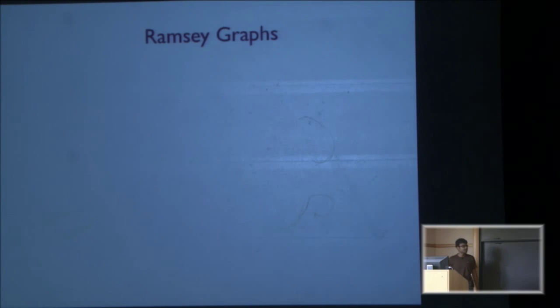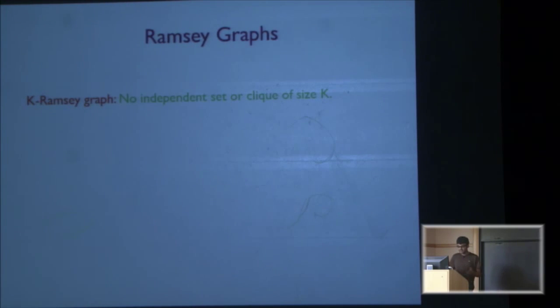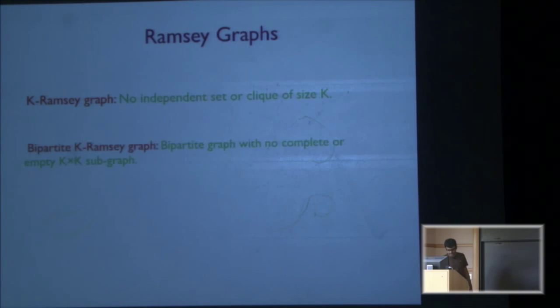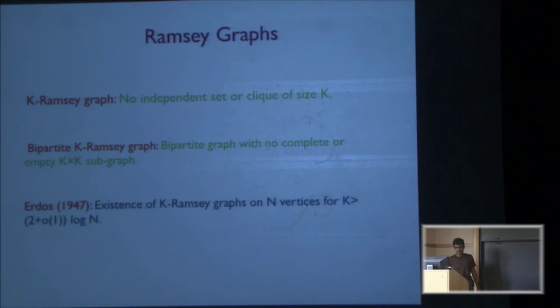All right. So before getting into techniques, let's look at what Ramsey graphs are, because two-source extractors can be naturally interpreted as Ramsey graphs. A k-Ramsey graph on n vertices is essentially a graph with no independent set or clique of size k. And the bipartite version is where the bipartite graph has no subgraph which is the complete k cross k bipartite subgraph, or the empty graph. And again, the existential result shows that you have really good Ramsey graphs.